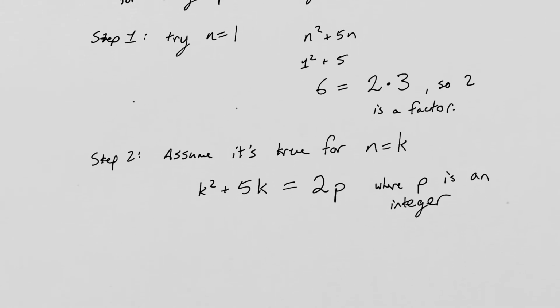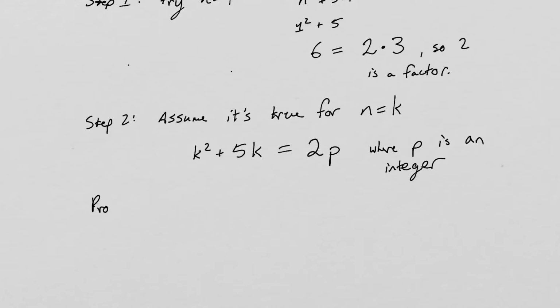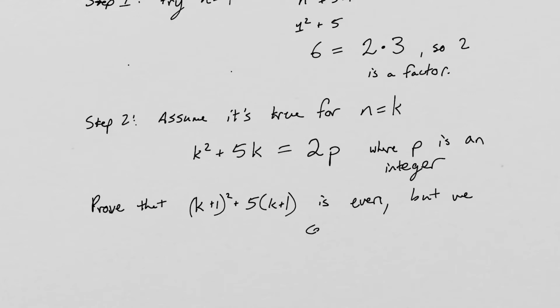So now we want to prove that k plus 1 squared plus 5 times k plus 1 is even, but we can use the assumption, which is this one right here, and this one, kind of both of them.